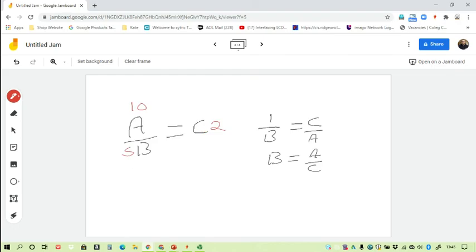Okay. So I'm going to look at these numbers a little bit differently, and I'm going to write that out again. A over b equals c. And I'm going to divide both sides by a, like we said. Dividing both sides by a, a divided by a becomes 1, so that's 1 over b.